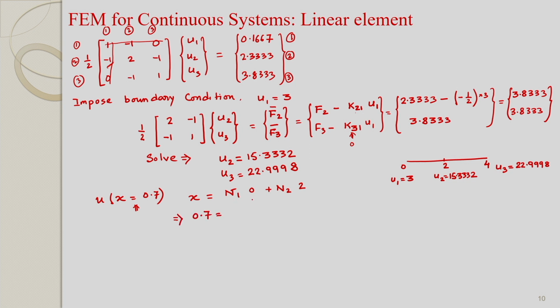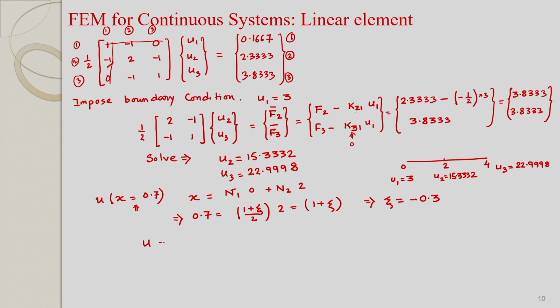So, the first term is 0, for the second term, so the xi value is minus 0.3.